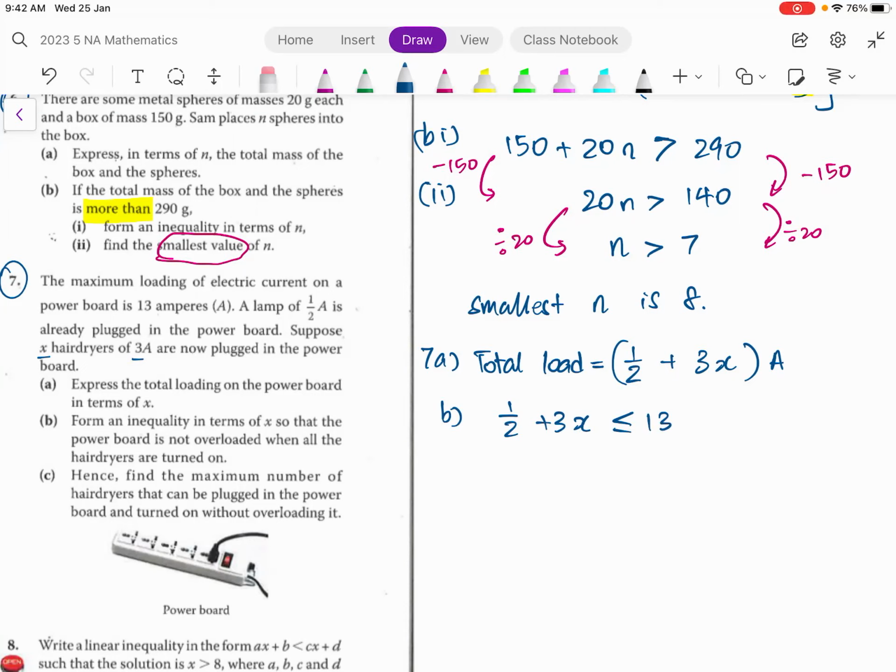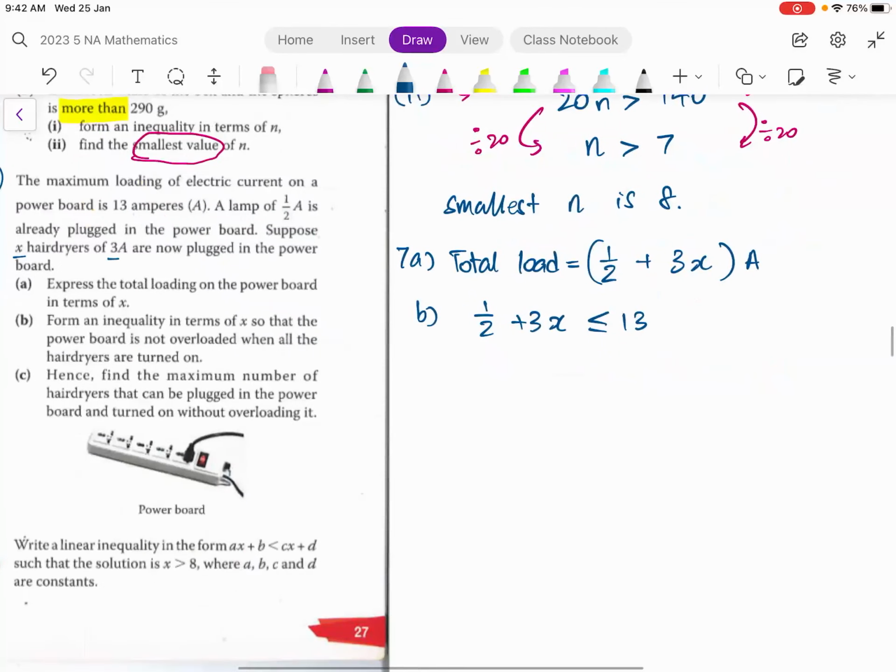And then the same thing happens again. Remove the half. So 3x less than or equal to 13 minus half. So that's 12 and a half, 25 over 2. Then we want to remove the 3 times. We divide by 3.